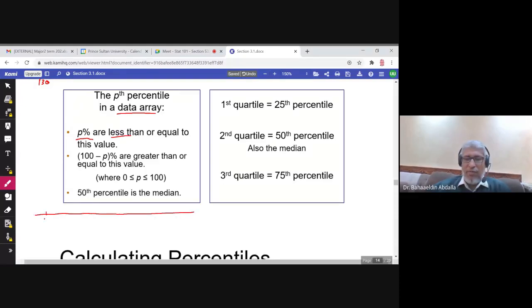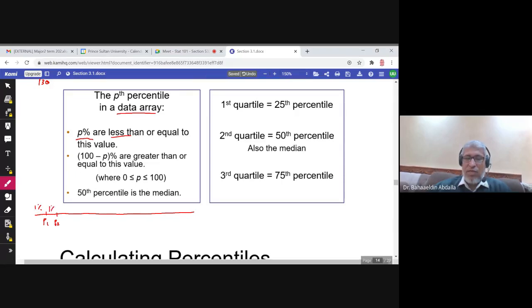So here I have P1, the first percentile, in which 1% of the data lies to the left and 99% of the data lies to the right. Then I have P2, the second percentile, where 2% of the data lies to the left.